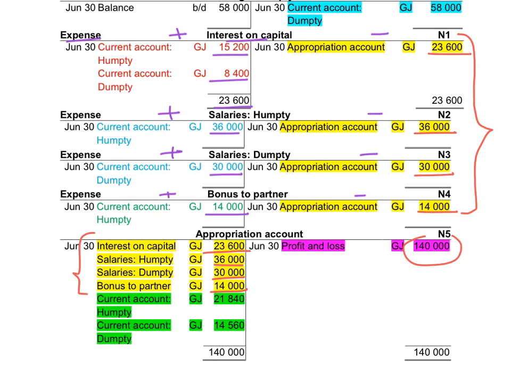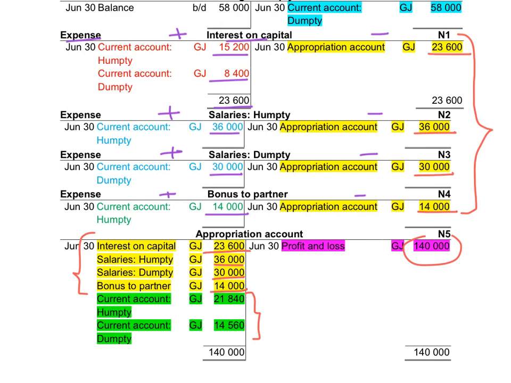Then we take the 140,000 and we subtract the interest, salaries and bonus from it, because we paid that out of the 140,000, and we determine how much profit is left over, and the amount that's left over will be divided between the two partners in their profit sharing ratio.